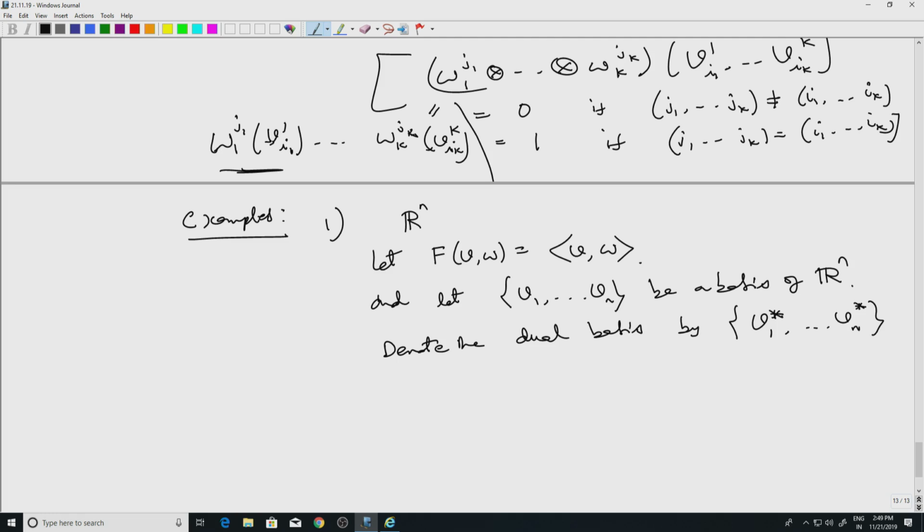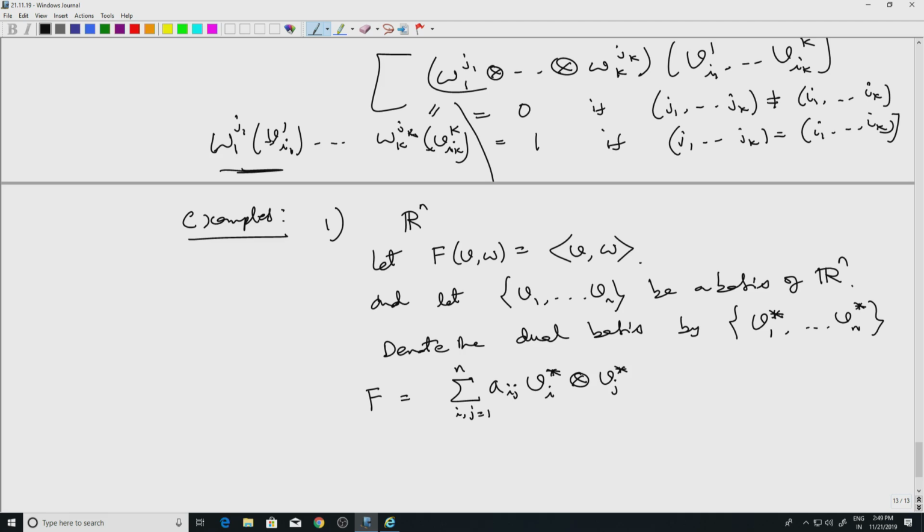We know by the theorem that I can write f as the summation of aij vi star tensor vj star, where i, j equal 1 to n.